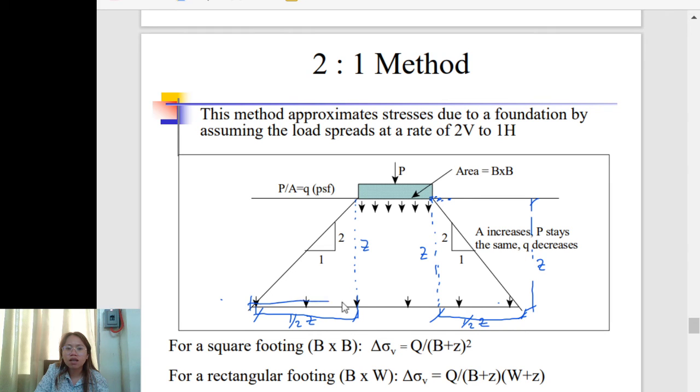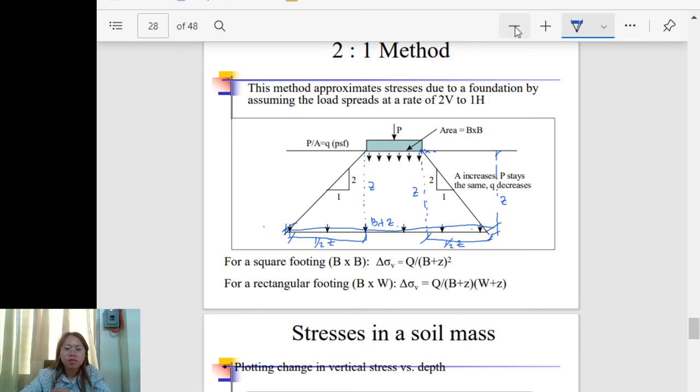This is actually equal to B plus Z. Okay, 1/2 Z plus 1/2 Z is equal to 1Z, right? And for a square footing, it is just B plus Z, squared. But for a rectangular footing, meaning different dimensions, it is B plus Z times W plus Z. 2:1 method.